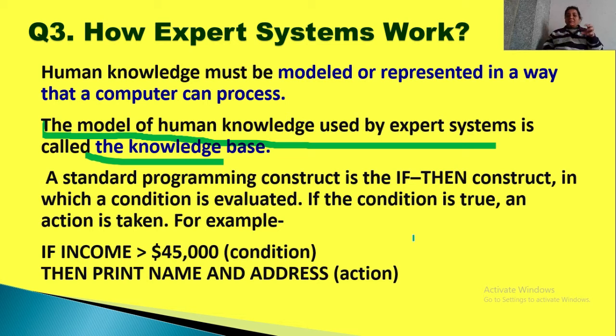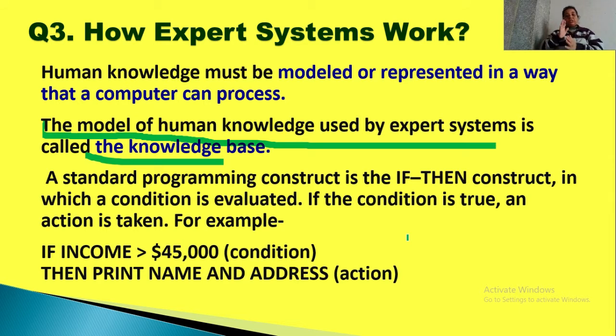I'll give you a glimpse through a small example here firstly. Later on we'll go with a detailed example in the coming slides. But for now, basically you have a standard programming construct, the if-then construct, which is used in expert systems for evaluating the various conditions. If the condition is true, then the action is taken.